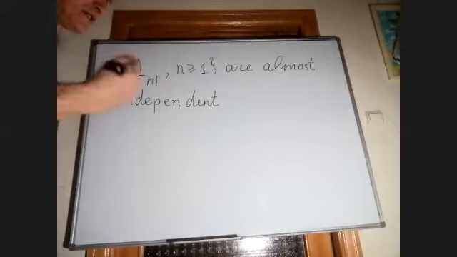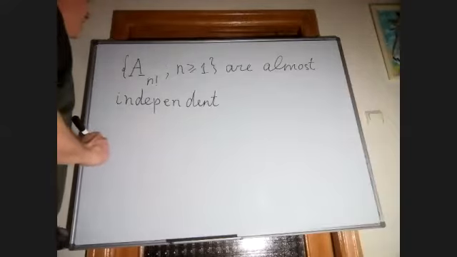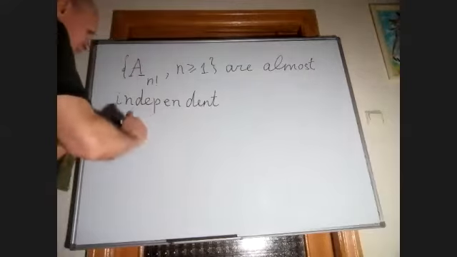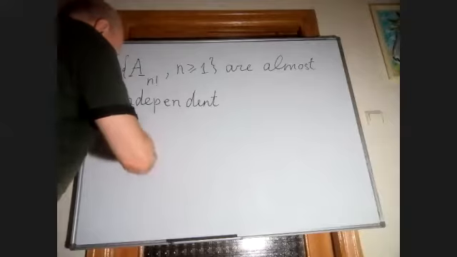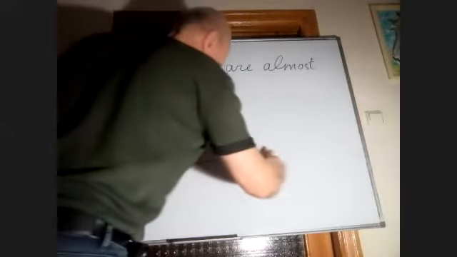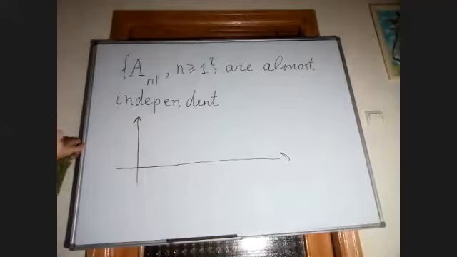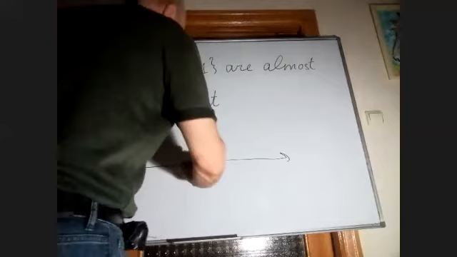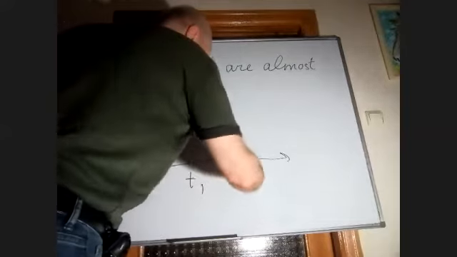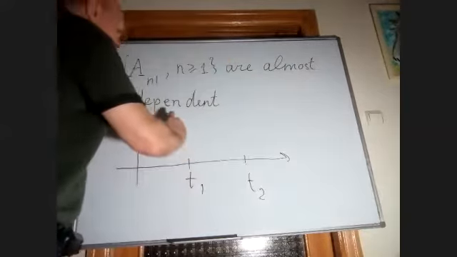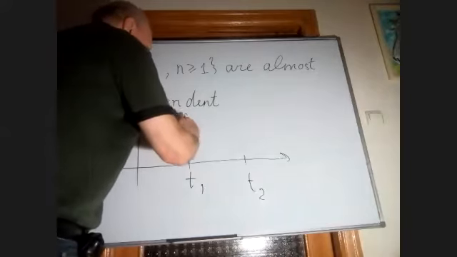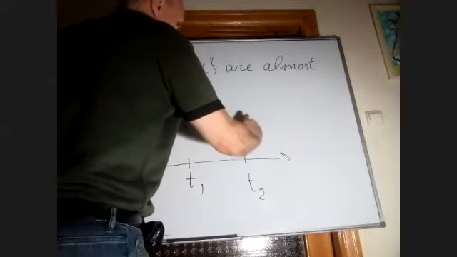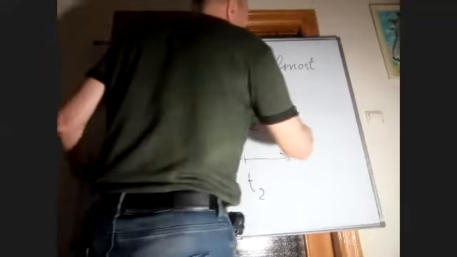So maybe we need to reconstruct our A_n. Again, put here T1, T2, and what we need is to fix the probability that W(T1) multiplied by W(T2) is less than 0.